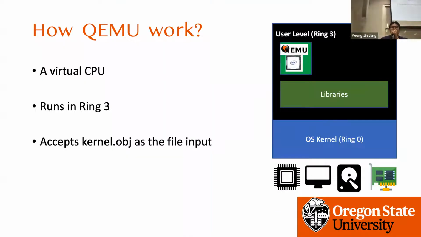And then next is about how QEMU works. I told you that on the OS2 server, QEMU is just a Ring 3 application. So this is the view of the OS2 server. All the real hardware is connected directly to Ring 0, and then QEMU is just inside there. So the entire thing is in Ring 3.